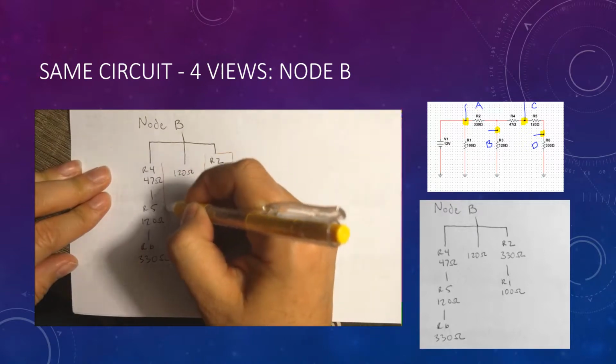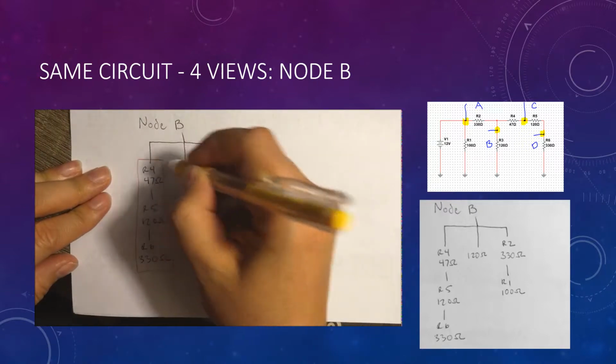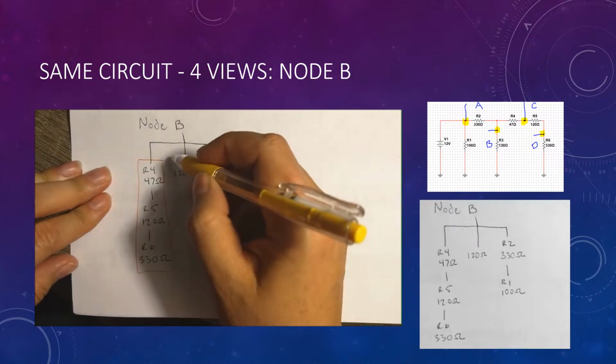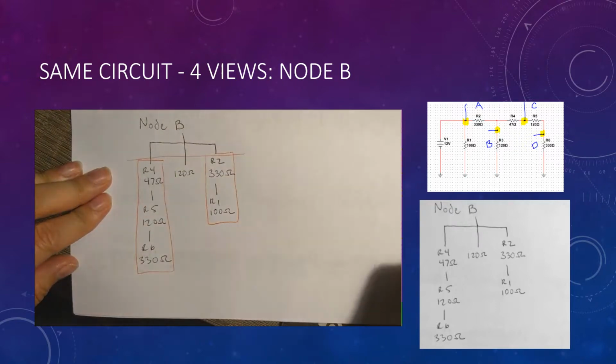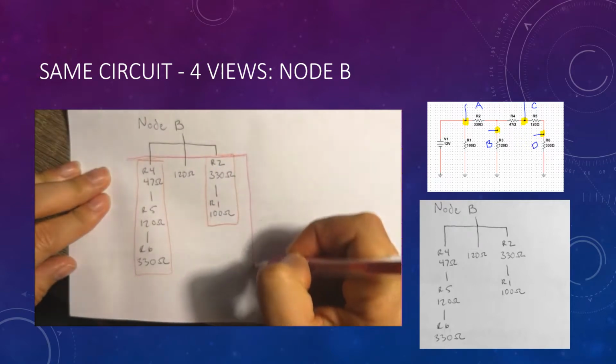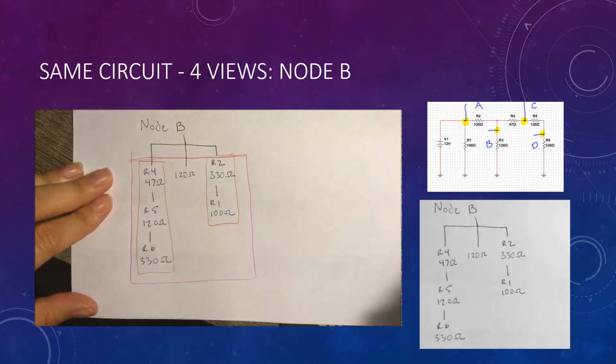As we can see, we'll have two series circuits to solve, and then using those results, we will have a parallel circuit, giving us the Thevenin resistance.